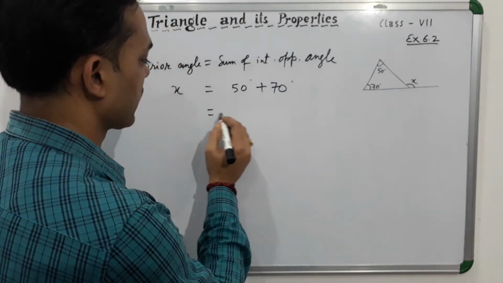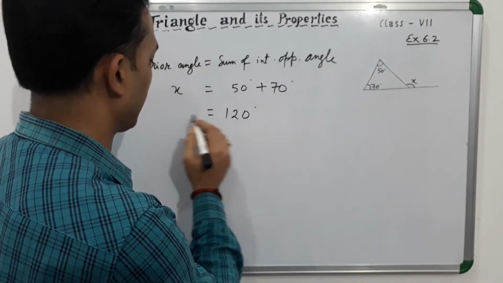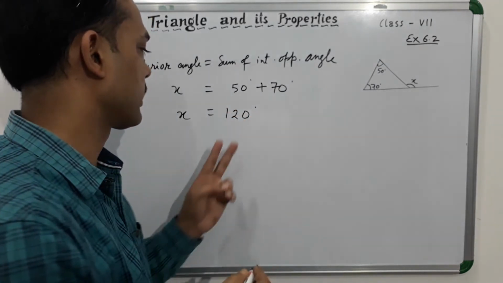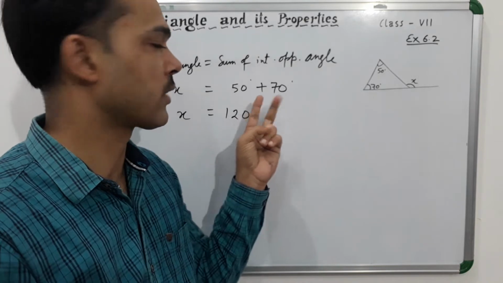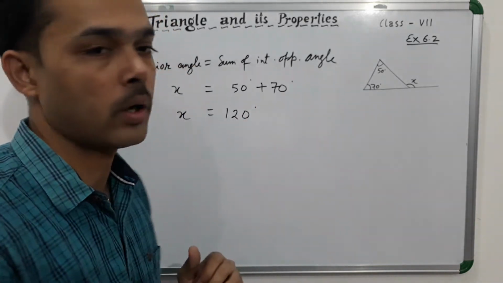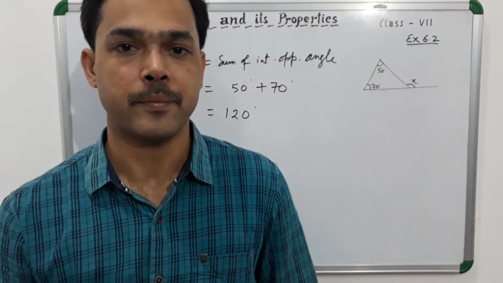So the value of x is 120 degree, because when you add 50 and 70 degree, you get 120 degree.